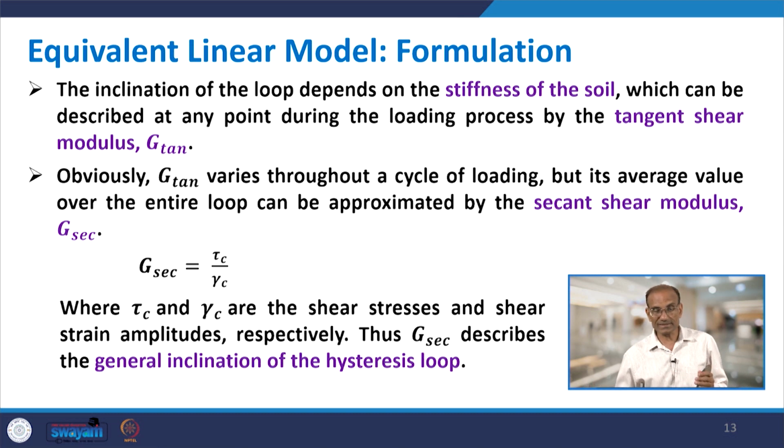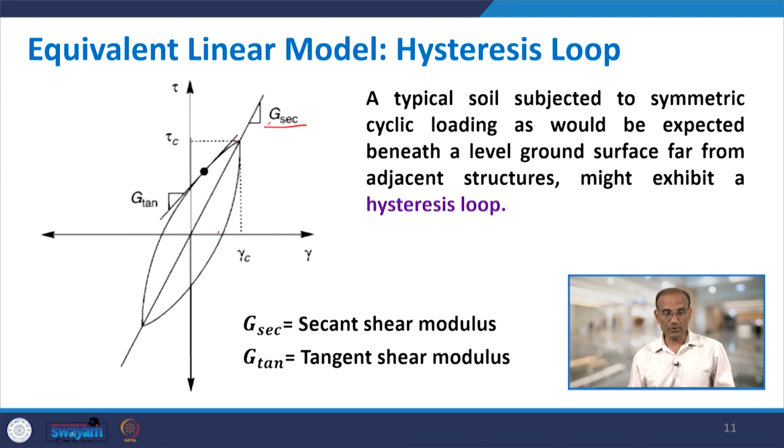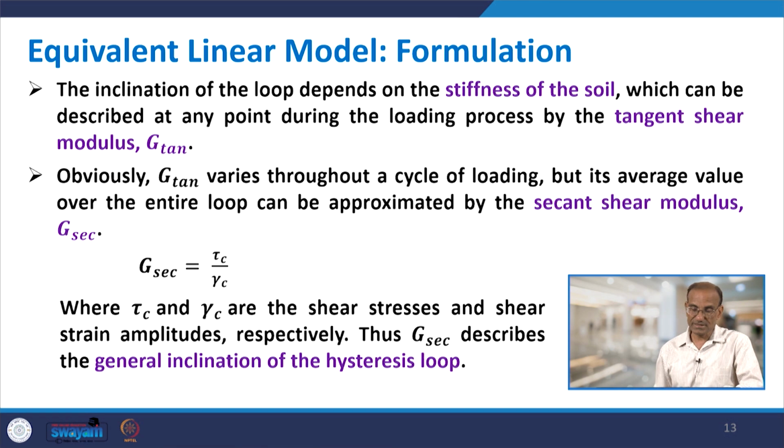As a result, this inclination is represented by an average value, and this average value is called the secant modulus, and the secant modulus is given by tau c over gamma c. If I go back to this loop, the tip of this hysteresis loop is the maximum point, and the coordinates of this tip are tau c and gamma c, where gamma c represents the strain corresponding to this point and tau c represents the shear stress corresponding to this point. So, the ratio tau c over gamma c will give you the secant modulus.